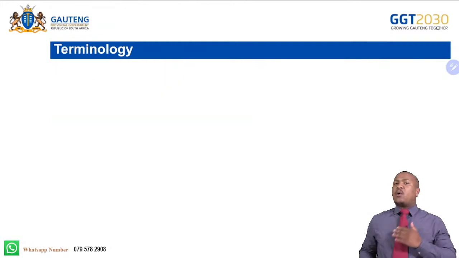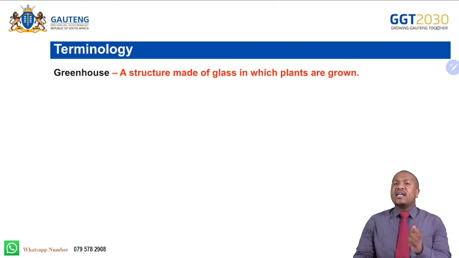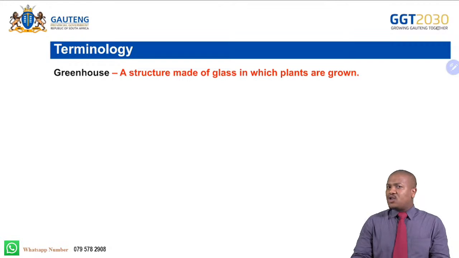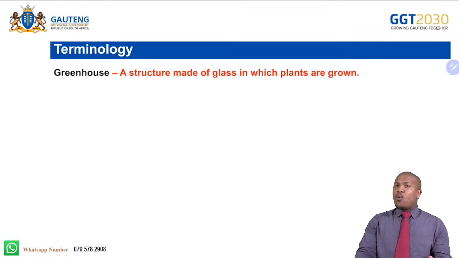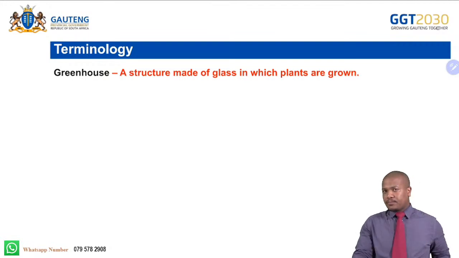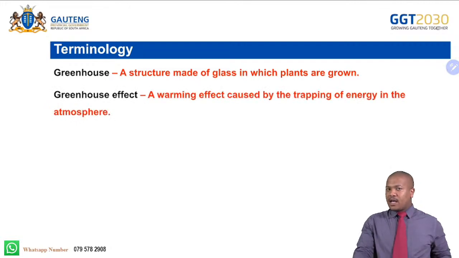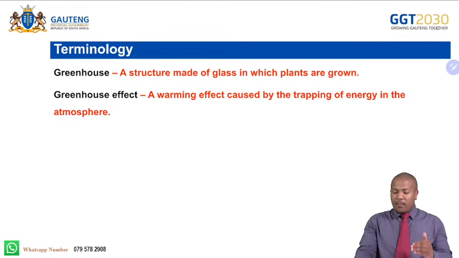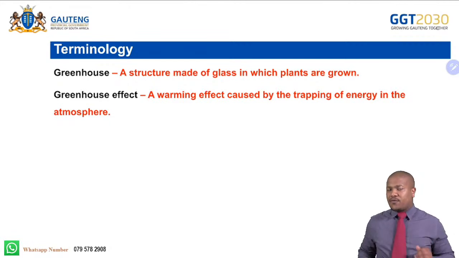Now let's move on to our important terminology. The first term that we have there is greenhouse. What is this greenhouse we're talking about here? A greenhouse is a structure which is made up of gas in which plants are grown. We then have greenhouse effect, and greenhouse effect is a warming effect caused by the trapping of energy in the atmosphere.